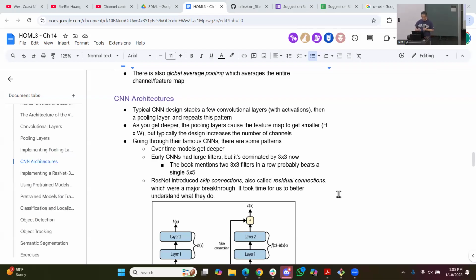Over time, what we see is that the models get deeper. So these early models, you're like, wow, it only has like 12 layers or something like that. And then a couple of years later, you're going to see it has like 20 layers. And then eventually they hit the wall where they were having trouble training these models as they got bigger.